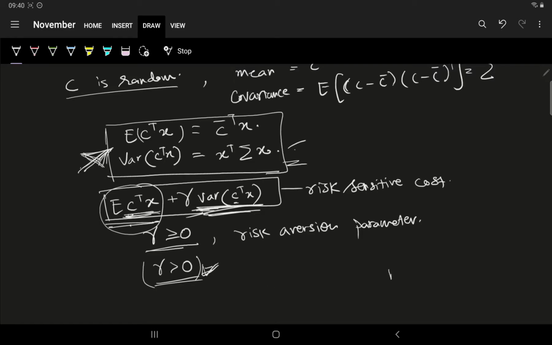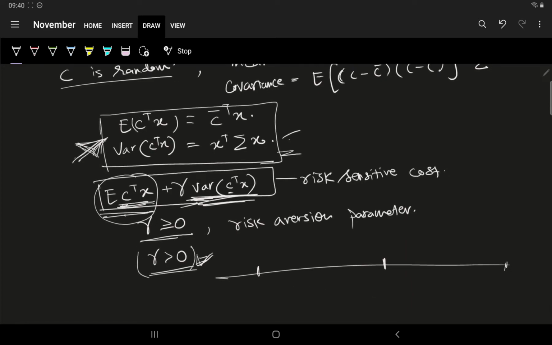So if the expected value is like this and the variance is quite high, we are not picking such a value. However, if it is a bit higher than the previous one, but the variance is low, we are willing to take this one over this.